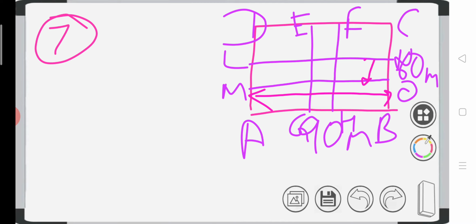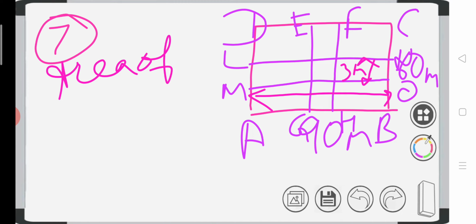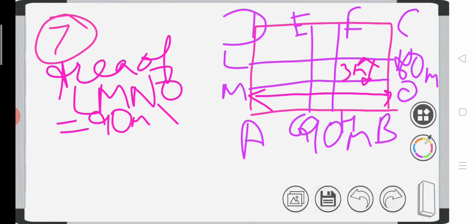Breadth is 3 meter. It is written that the road is 3 meter wide. So we can calculate the area of LMNO. Area of LMNO will be 90 meter into 3 meter, that is 270 meter square.